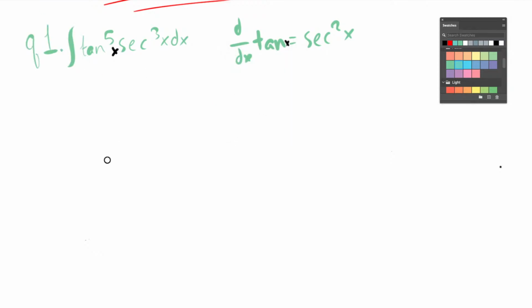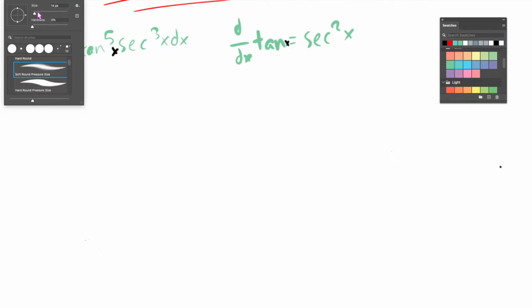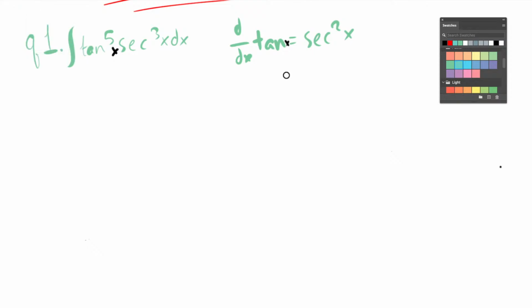Now, this would become sine, this would become sine to the 5th over cosine to the 8th.